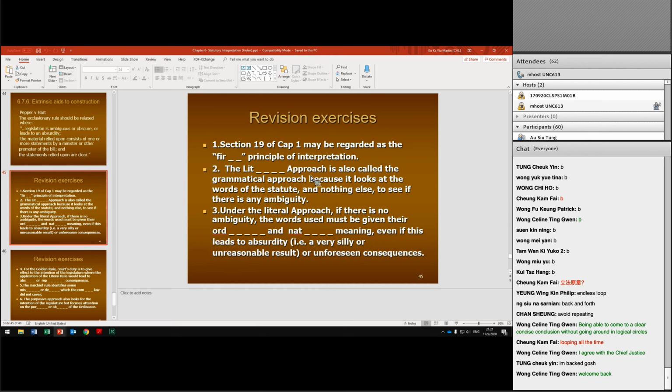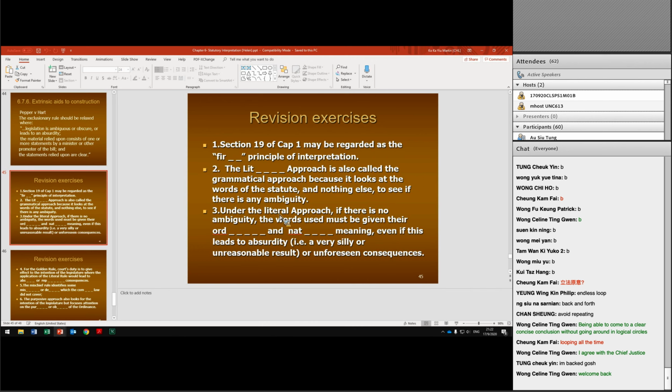So the second one is the literal approach. It's also called the grammatical approach. 字面法規, because you look at the words of the statute and nothing else to see if there's any ambiguity. The literal rule was very popular in the past because the court was reluctant to ascertain the intention of the legislation. To ascertain the intention of the legislation would be more time consuming.